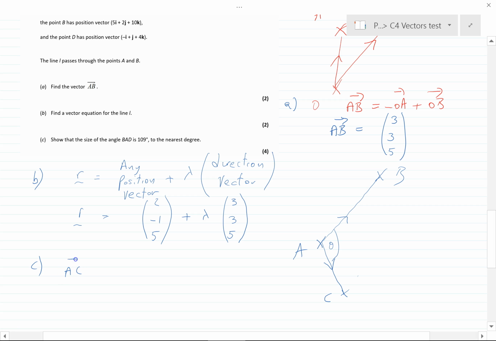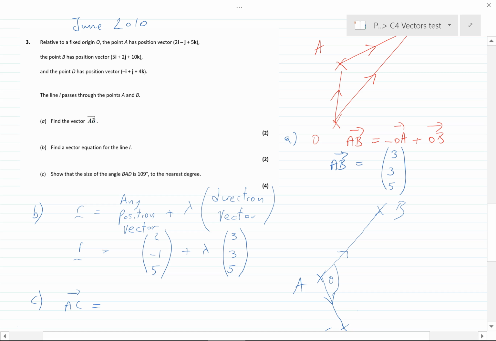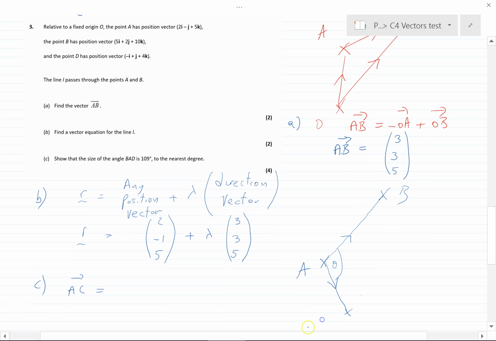So AC, again, that's minus OA plus OC. So it's basically taking A from C. Sorry, that's the vector D here. Apologies.